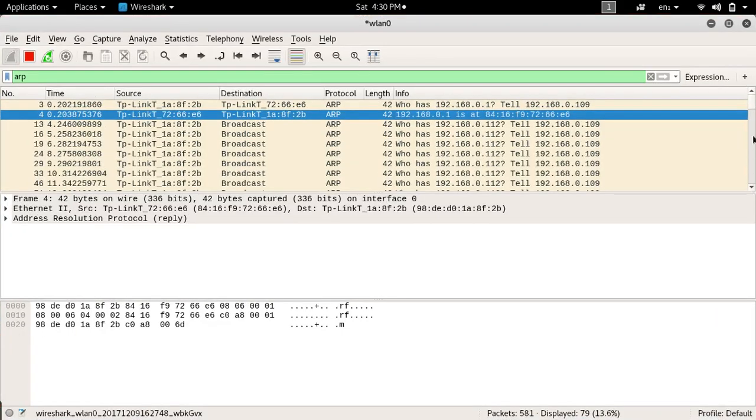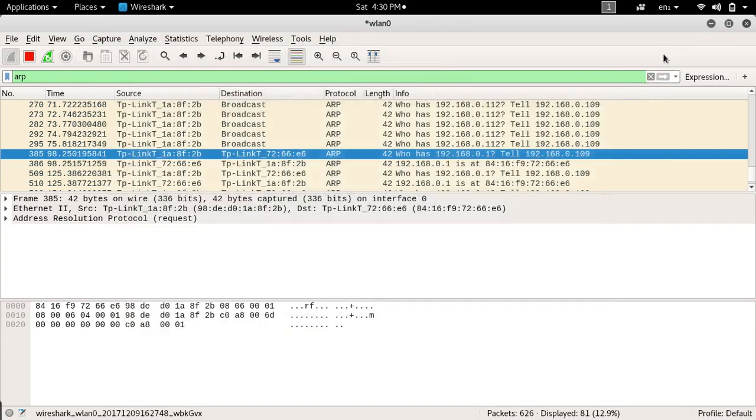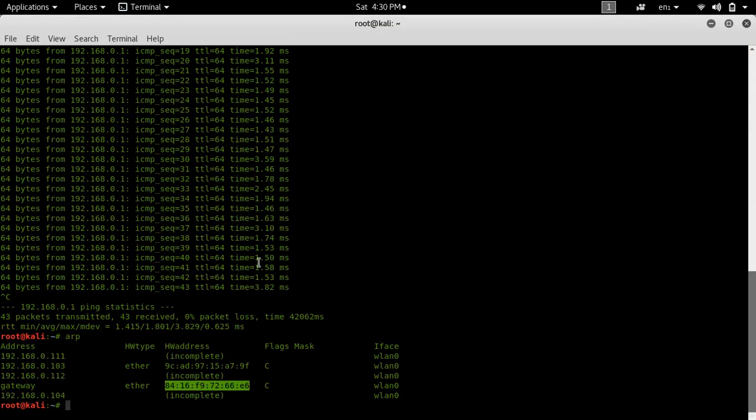As you can see here, we didn't send any more packets, but now it is sending again because our ARP cache table keeps refreshing. But most of the time it will check its ARP cache table, and if it doesn't find a MAC address for that IP address, it will send a message like this. So this is how the ARP protocol works.